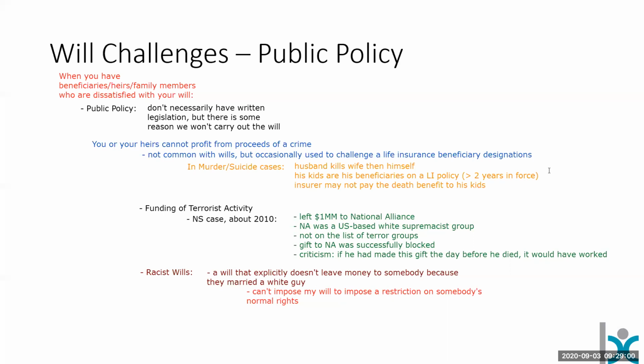Yeah, that's the argument here, Stephen, is that ultimately you're using the government to create this outcome. And to what extent should the government be involved in creating these, whatever, these funding of terrorist activity situations or these racist situations? Okay. Should your tax dollars go to restrict people's charter rights? Okay.